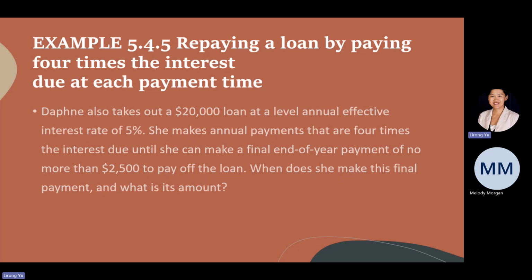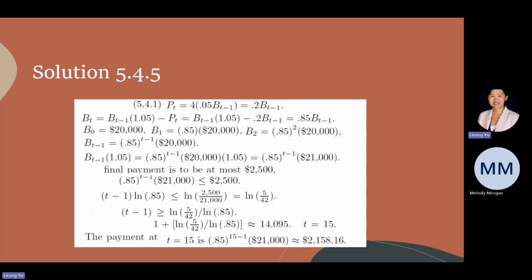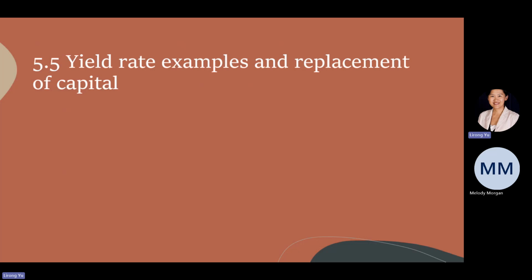So then we can apply the relation which says BT minus 1 times 1 plus I minus BT. That formula is most essential, and we can use that recursive formula. That is again a special scenario to connect the payment with our balance formula.